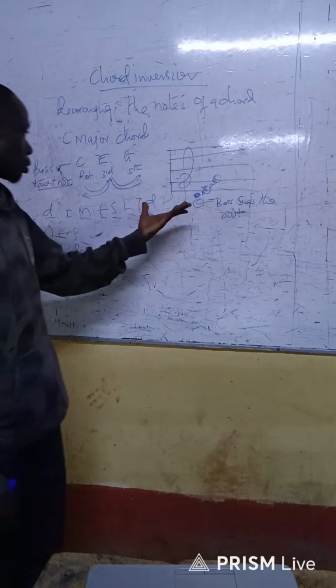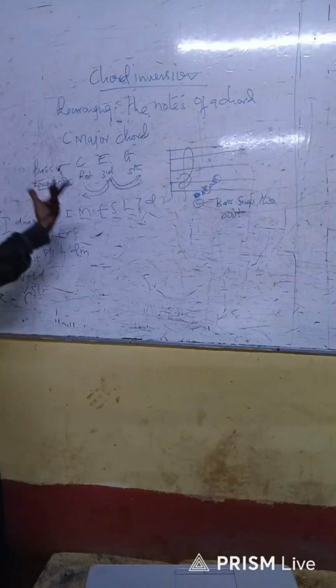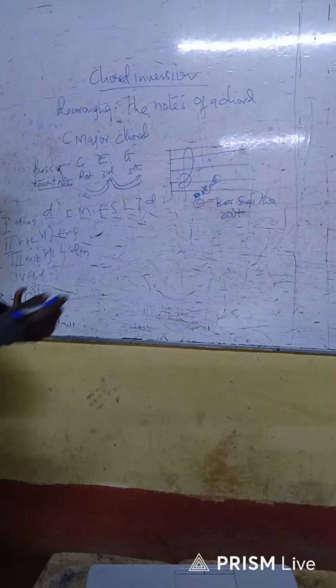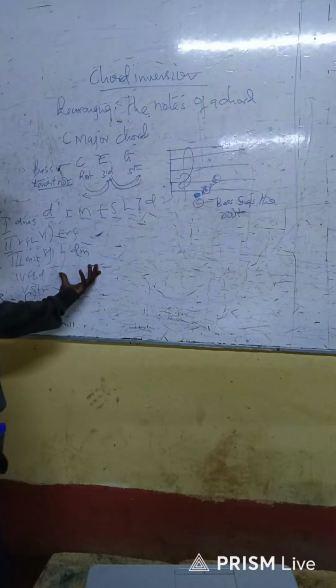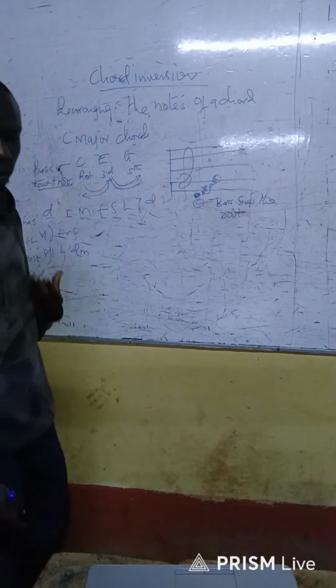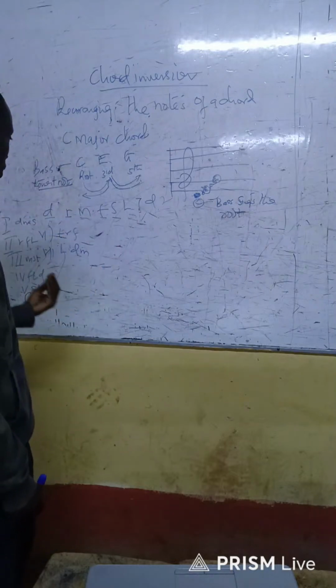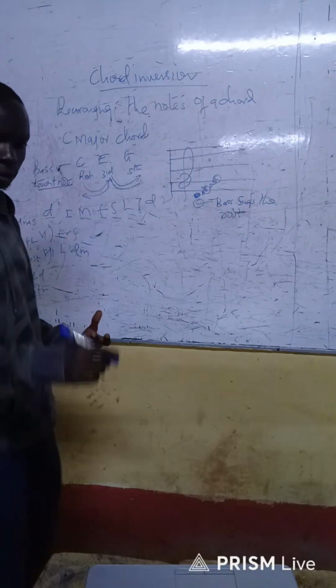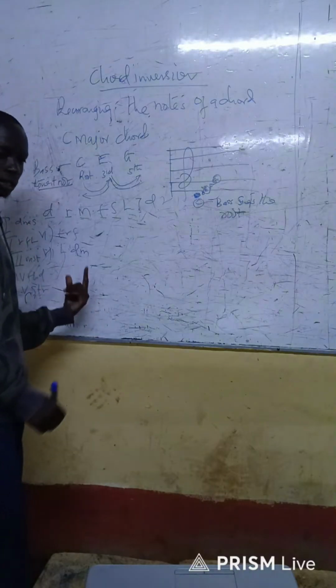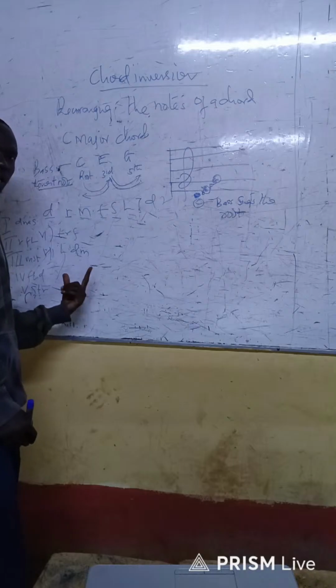When it comes to chord progression, we talk about how chords are connected to each other. But here we're talking about inversion. That is giving the bass a note other than the root.